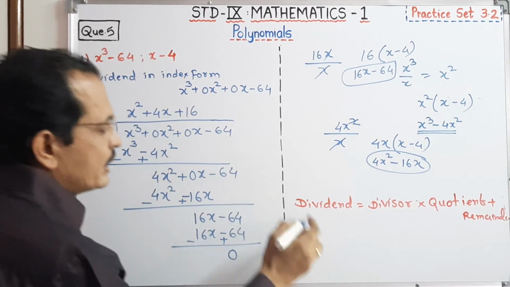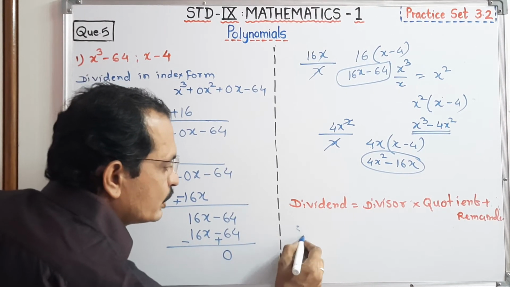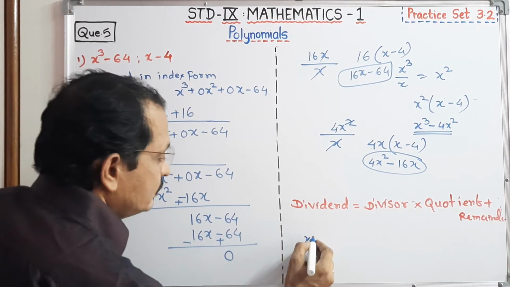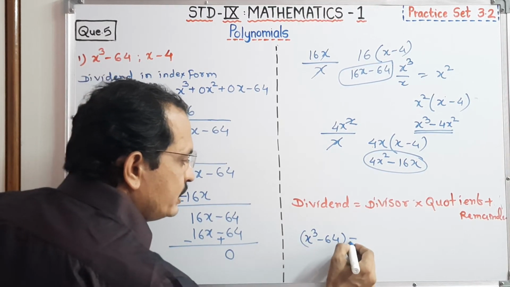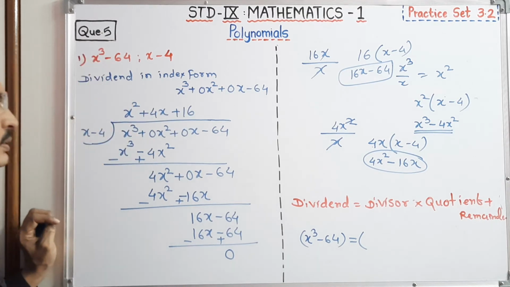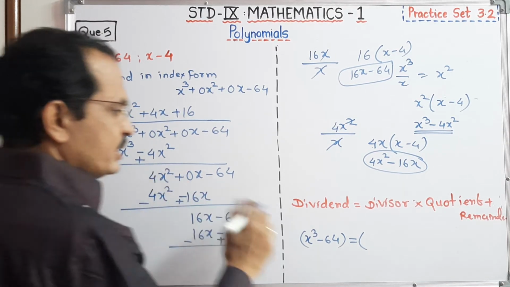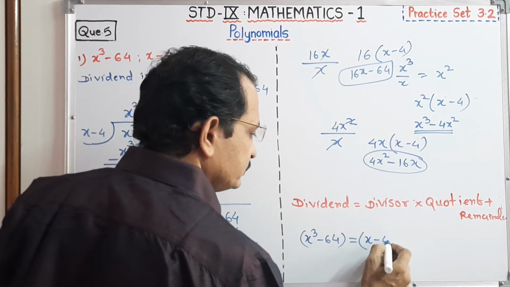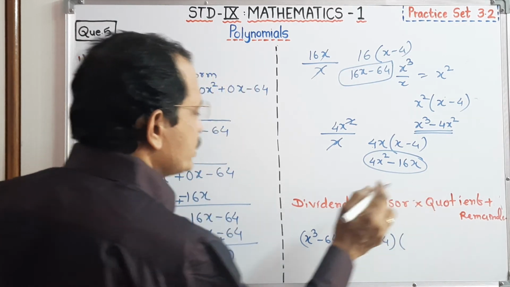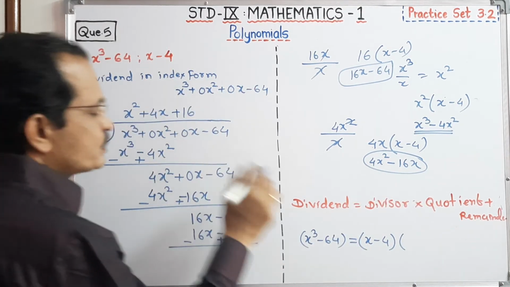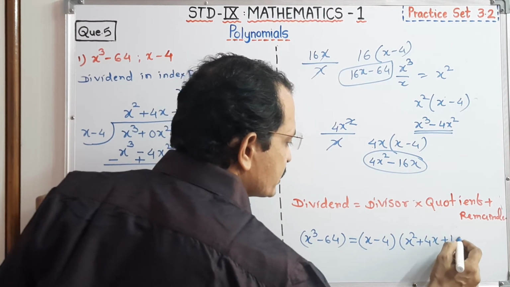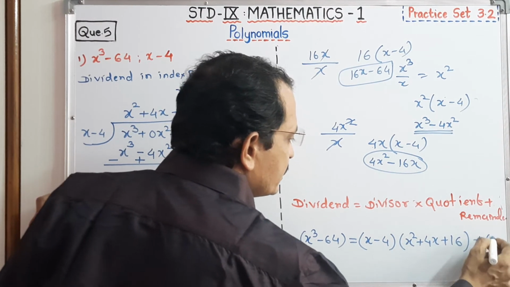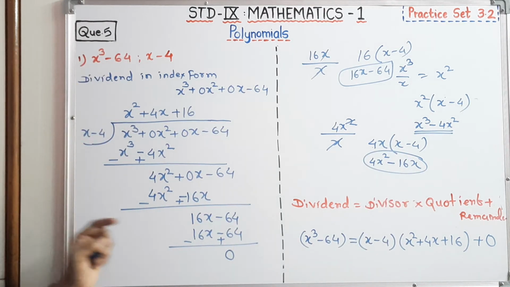Dividend is x cube minus 64, which is equal to divisor times quotient plus remainder. The divisor is x minus 4, into the quotient x square plus 4x plus 16, plus remainder 0. This is our final answer.